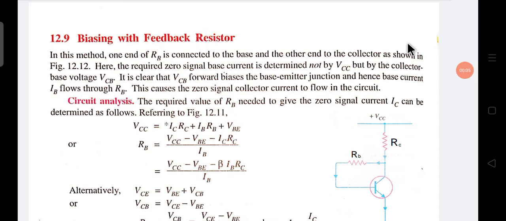In today's class, we are going to discuss the second type of transistor biasing method, which is biasing with feedback resistor.